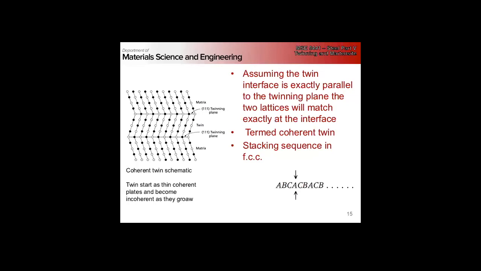So what does this tell us about FCC metals that are not going to undergo deformation twinning? They have low stacking fault energy. Low stacking fault energies, right?